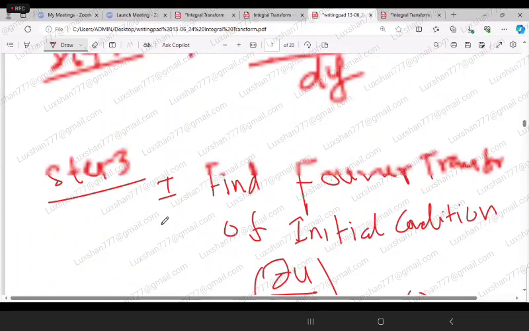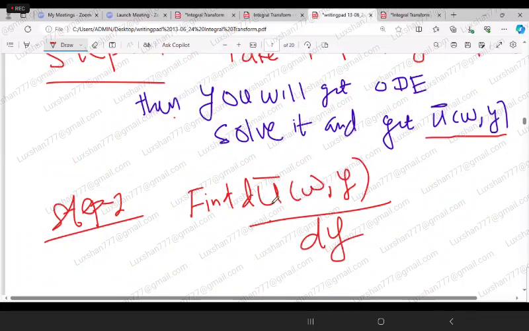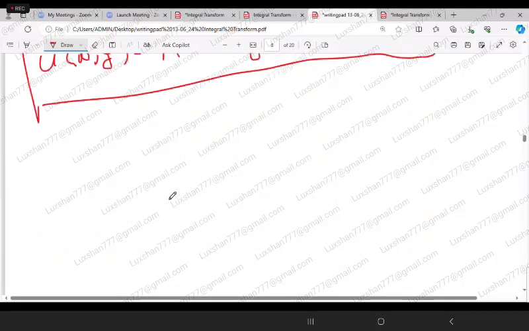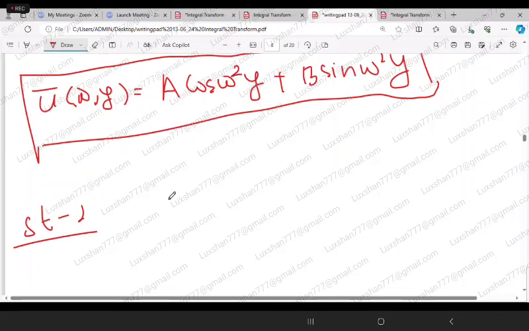So what is the second one? Second one says find d u bar over dy. So we want to differentiate this one with respect to y. So d u bar over dy is equal to minus a omega squared sin(omega squared y) plus b omega squared cos(omega squared y), because when you differentiate cos, that becomes minus sine.